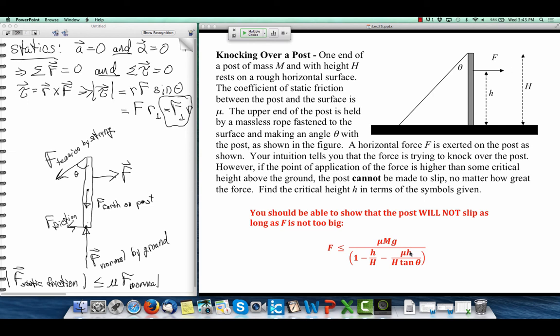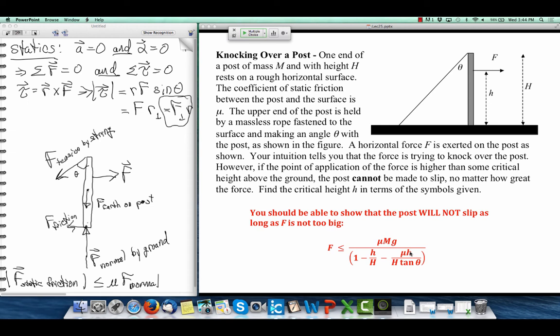It's not bigger than 1. Well, we don't know what mu is. It could be bigger than 1. So then it wouldn't matter what h is. Well, it's going to matter what little h is compared to big H no matter what.